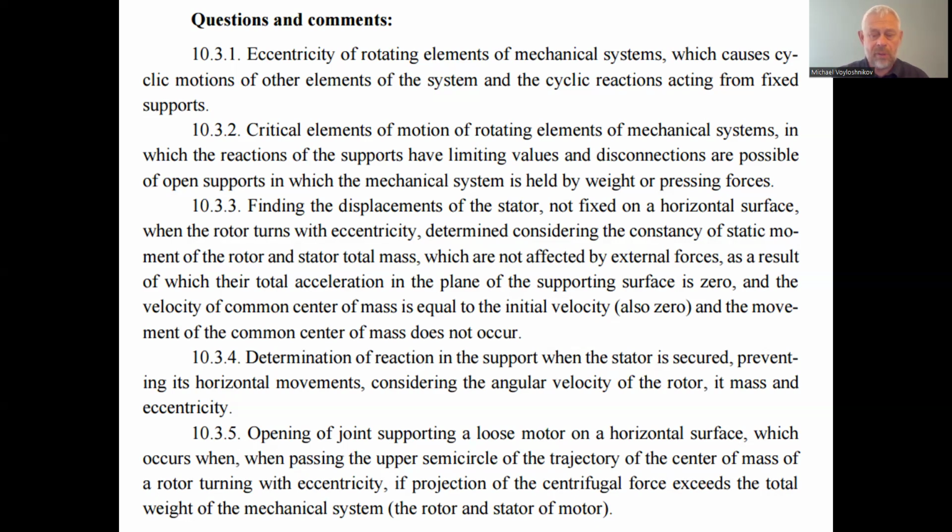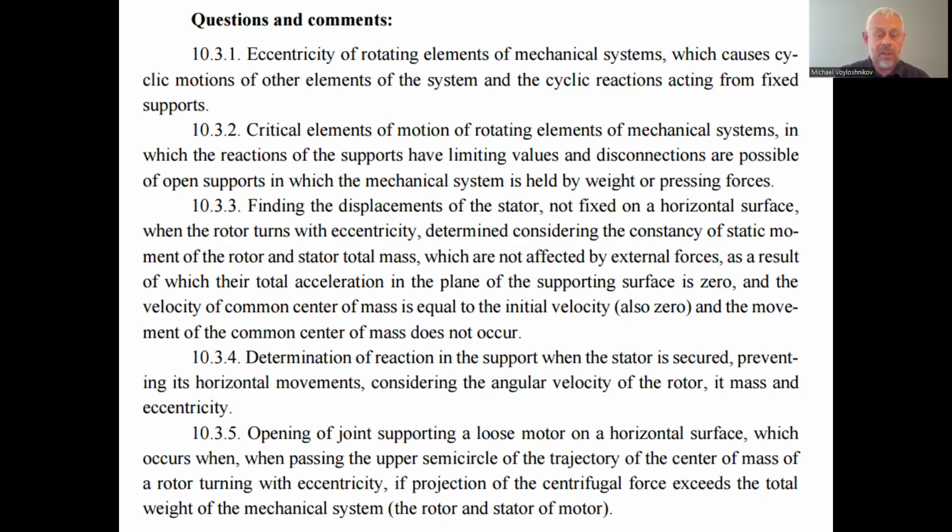And it could be horizontal translational motion. That is, in these circumstances there is no action of external forces, like the force of weight. In the horizontal plane, we do not have any forces. If the system possesses a horizontal initial velocity, it can keep the motion translationally with that initial velocity, with oscillations due to the rotation of the element of the mechanical system.